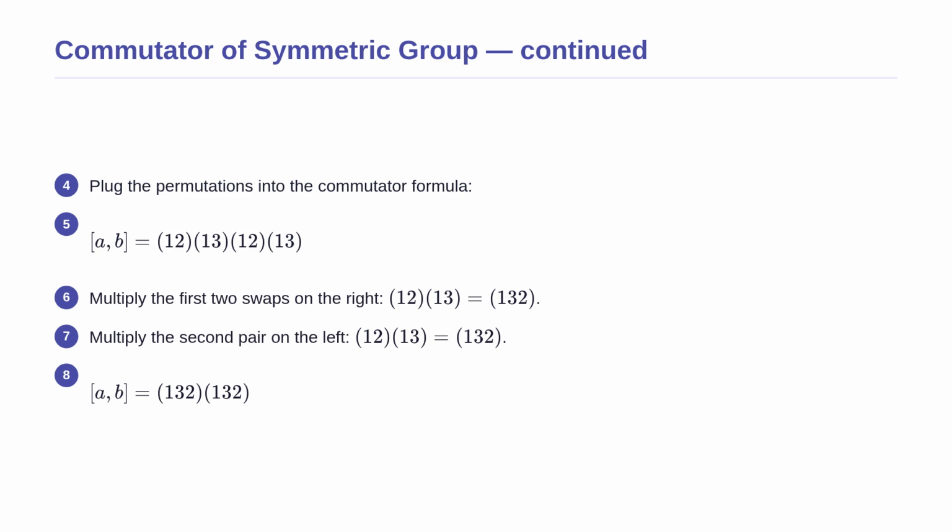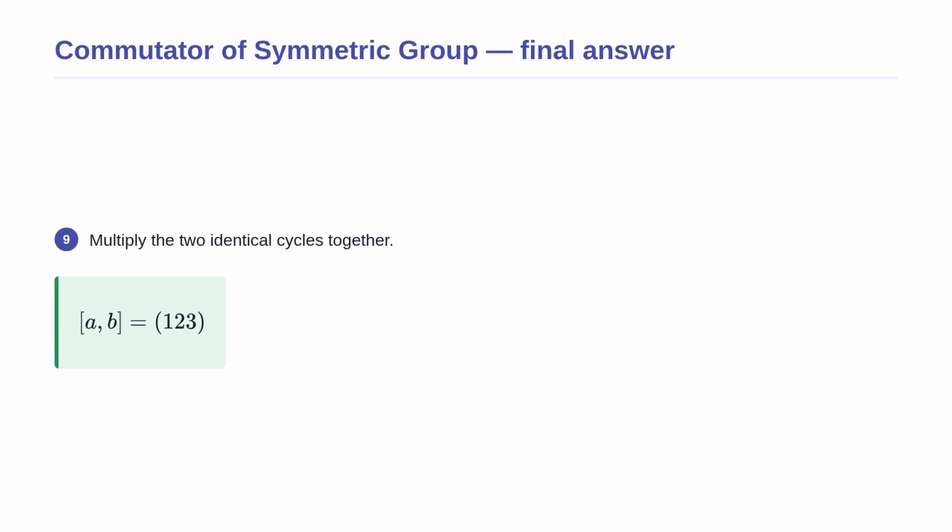We must now multiply these permutations together from right to left. By multiplying the first 2 swaps on the right, we get a cycle that shifts all 3 numbers, specifically the cycle 1, 3, 2. Multiplying the second pair on the left gives us the exact same cycle again. For our final step, we multiply the cycle 1, 3, 2 by itself.